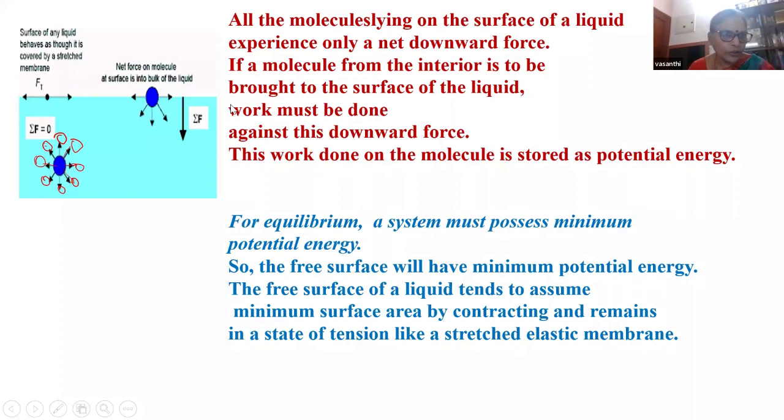Whereas the molecules on the free surface experience a downward force. That's what I explained in that activity. I made a loop out of a metal frame and tied a thread here. I immersed it in a soap solution, so a liquid soap film was formed, and then I pricked one end.